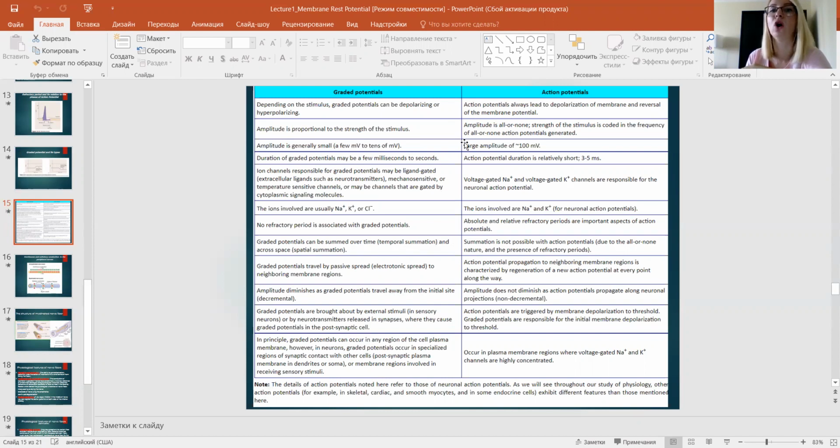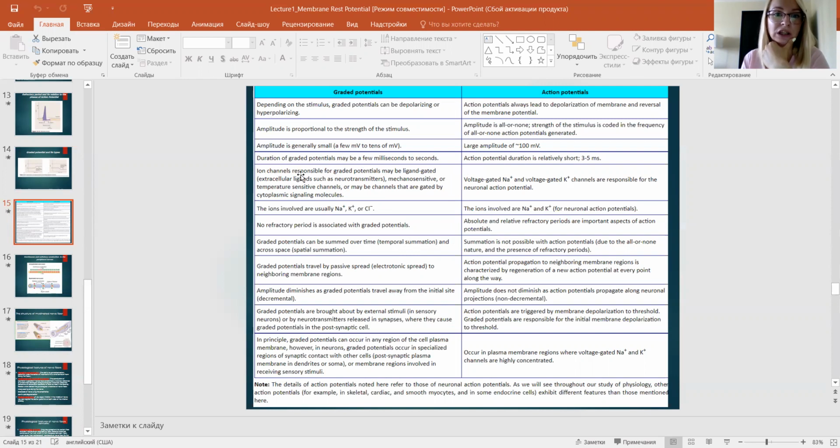It works according to the all or none principle. It means if a threshold stimulus is applied to the cell, then the action potential will evolve with the maximum possible amplitude. Duration is also different in case of graded potential and action potential.